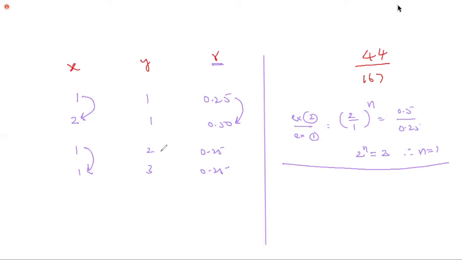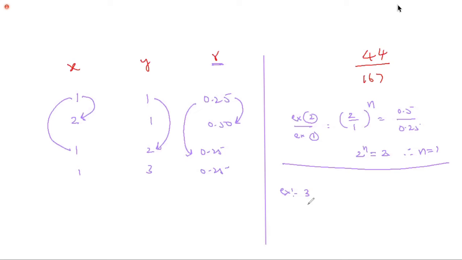This combination I will take. X is 1, 1, constant, whereas y is becoming 1 to 2. So you are making y concentration double by keeping x concentration constant, whereas rate is becoming the same.